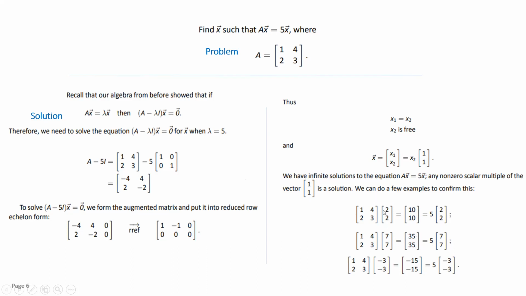So whatever x bar we take here, we get lambda times x bar, the same thing. If we take the eigenvector as 7, 7, then also we get x bar as 7, 7. So this can lead to a lot of eigenvectors for a single lambda value.